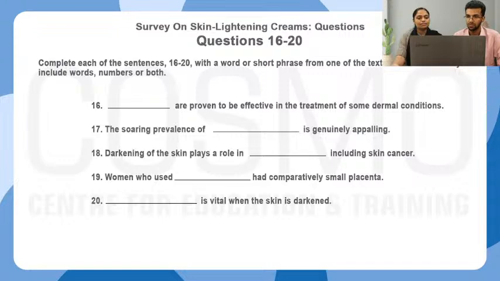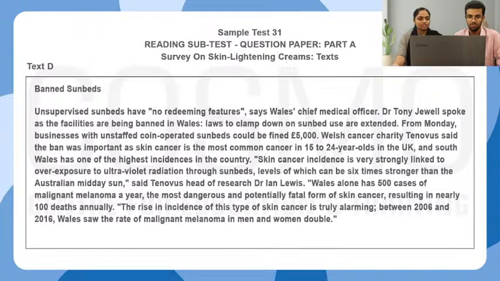I think we can switch to text D. Yes, let's move on to text D and find out. Yes, everybody got the keywords right. So we have moved to text D. And from this text D, you have to find the answer for question 17.